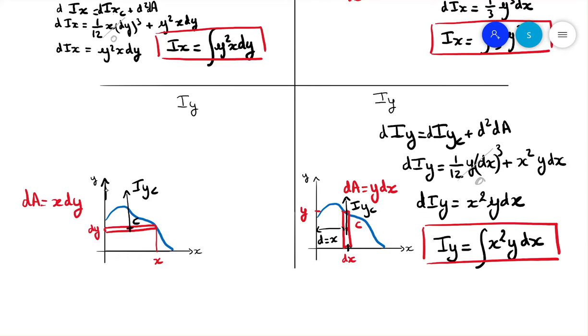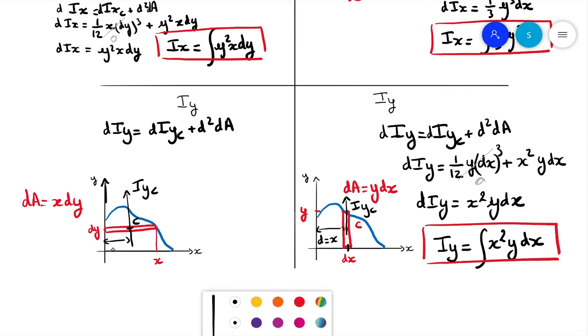And what I'm looking for is the I at y. So I have dI at y, that is equal to the dI at the centroid plus the distance squared times dA. And the distance is this one. This is d, and d is equal to, this is x, so this is x divided by 2.